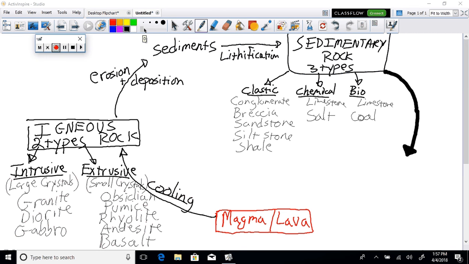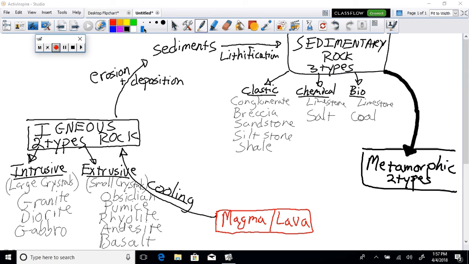Going from there, we have our third type of rock, which is metamorphic. And there are two types. Two types of metamorphic rock. Well, how do you get to be a metamorphic rock? You get to be a metamorphic rock by something called metamorphism.